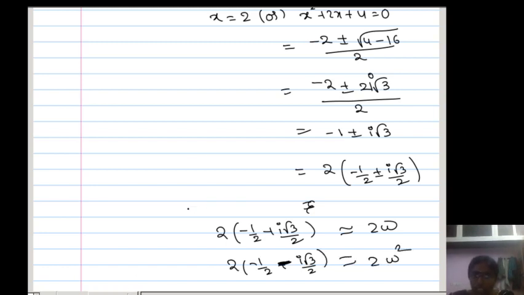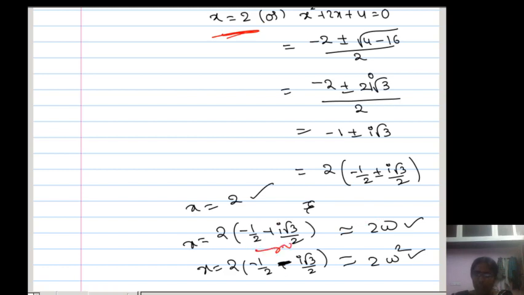The first one is x is equal to 2. Yes, how many solutions did you get? 3 roots. What are they? One is 2, another one is 2 omega, and 2 omega power 2. So the first one is 2 in this way. But next, 2 roots exist, that is this.